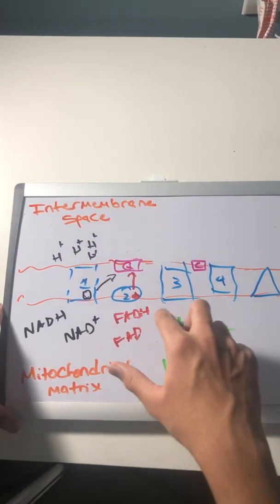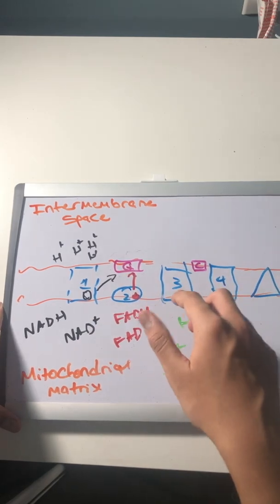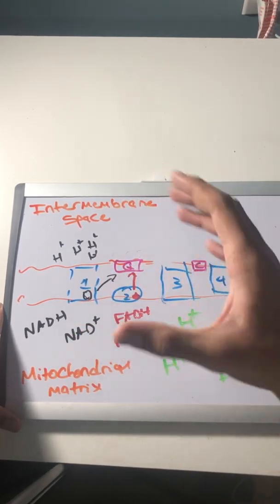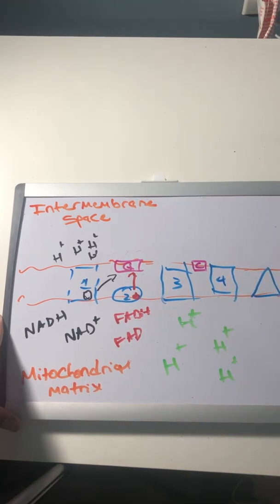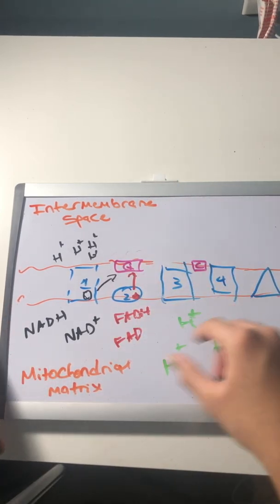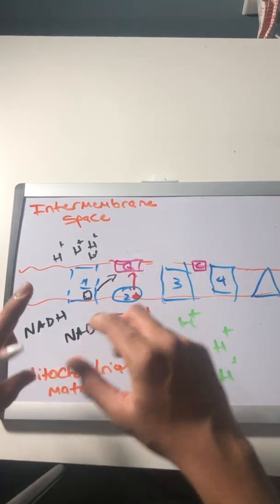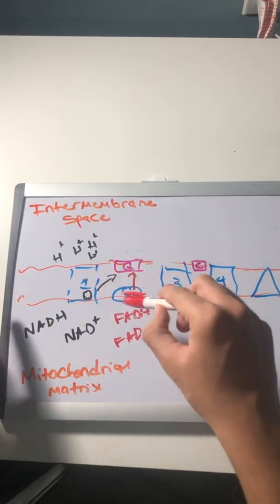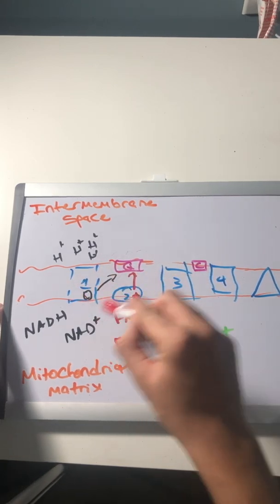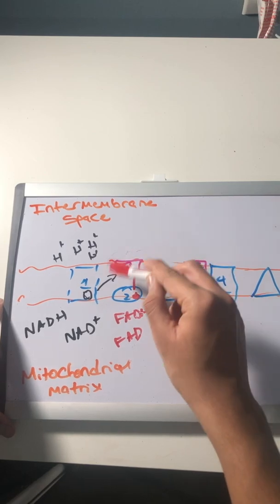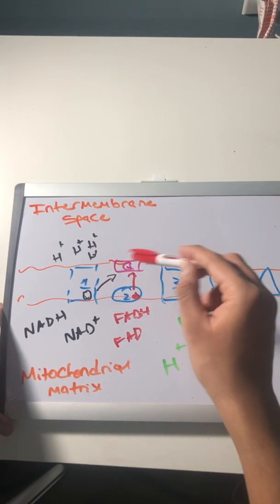However, FADH only belongs to complex 2, which cannot be supercharged to form a proton gradient there. So that electron goes into coenzyme Q.